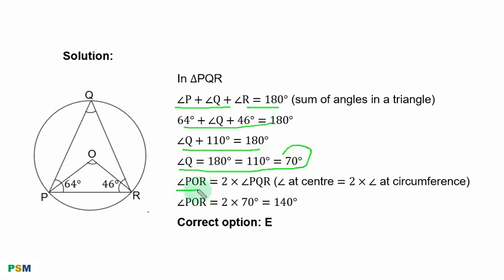Angle PORO is equal to 2 times angle PQRO. You have the reason. Therefore, angle PORO is equal to 2 times 70 degrees, and that is 140 degrees. The correct option is E.